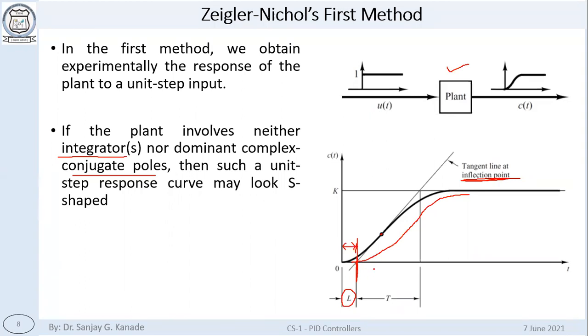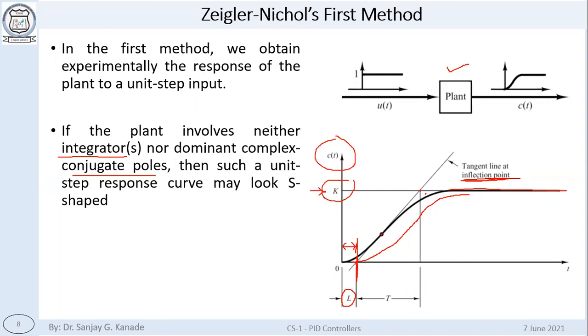And the time after L up to this intersection: this is the point of intersection of the tangent with the maximum value of the output. C of t is the output, on the y-axis we have C of t. So K is the maximum value of C of t, or you can say the steady state value of C of t.